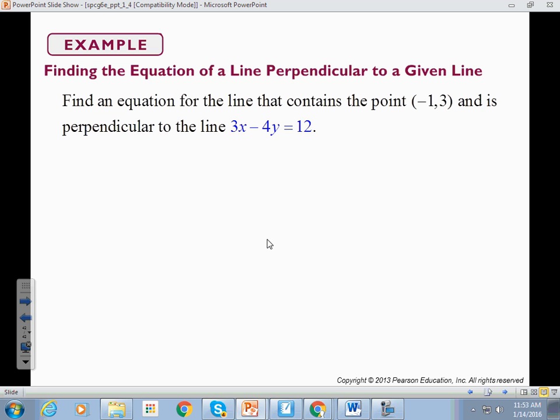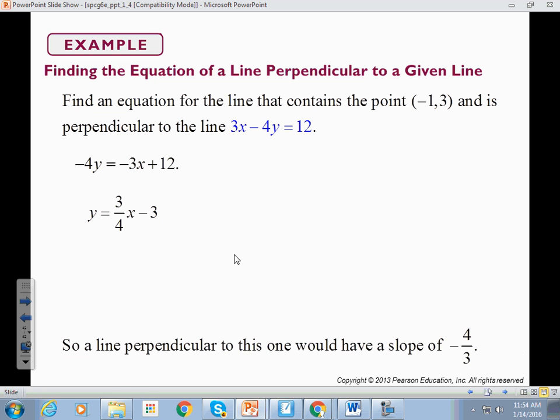All right, same problem, same point, same equation, and now we're perpendicular. So we go -4y equals -3x plus 12. We subtract 3x from both sides, divide by -4, and get 3/4 x minus 3. So the perpendicular line would have the negative reciprocal slope, so we're going to switch the 3 and the 4 to get 4/3, and we're going to make it negative.